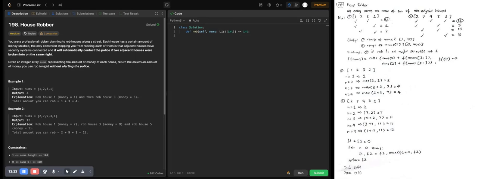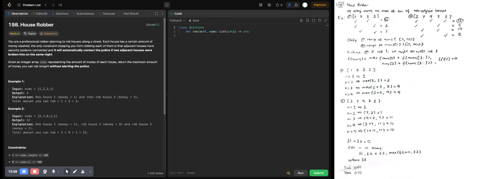Now let's try the second example. We have 2, 7, 9, 3, 1. Okay, when n is 1, we have 2 there.